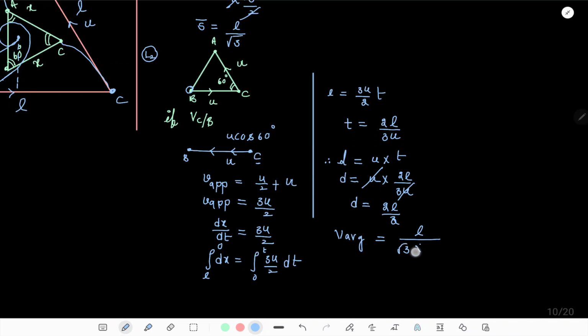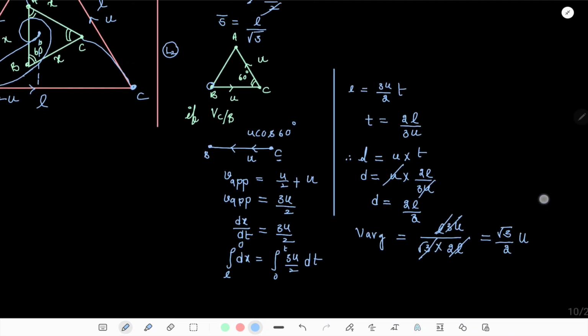What is the total time? Sorry, time is not 3u by 2. Time is 2L by 3u. So L gets cancelled, and that will be equal to root 3 by 2 into u. So that is the average velocity.